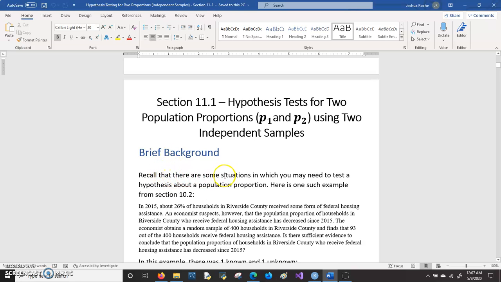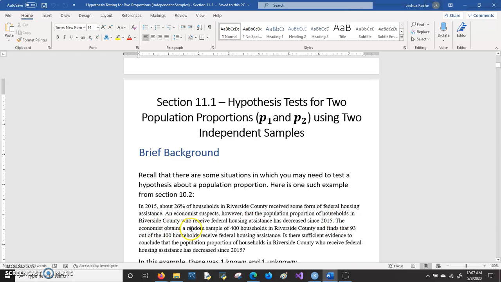Recall that there are some situations in which you may need to test a hypothesis about a population proportion. Here's one such example from section 10.2. In 2015, about 26% of households in Riverside County received some form of federal housing assistance. An economist suspects, however, that the population proportion of households in Riverside County who receive federal housing assistance has decreased since 2015.